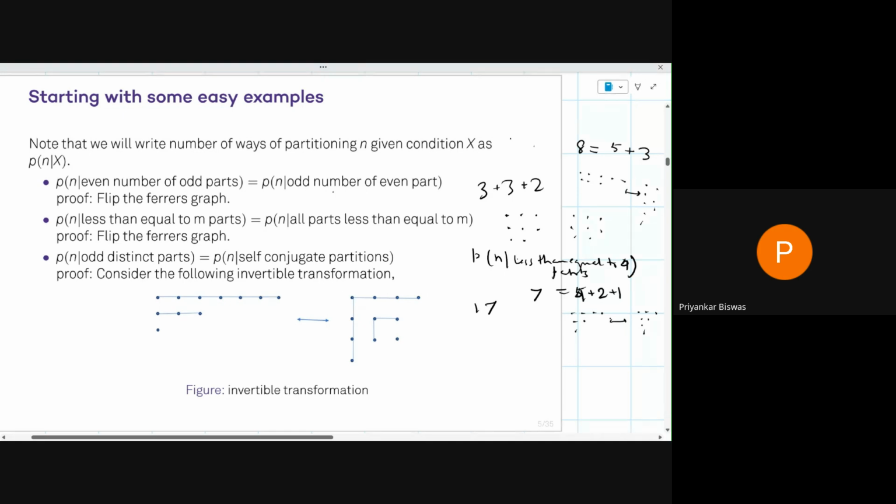So here we will take the transformation like this. If you are given odd distinct parts, like here we are given 7 plus 3 plus 1. Here we will make it like this one.